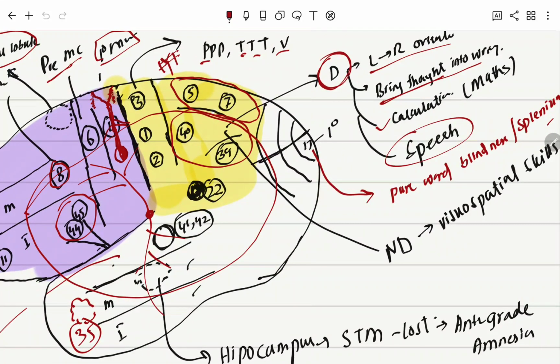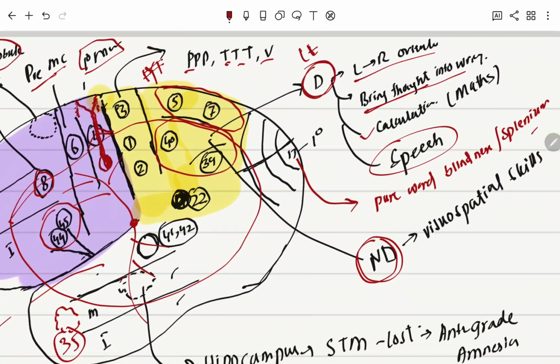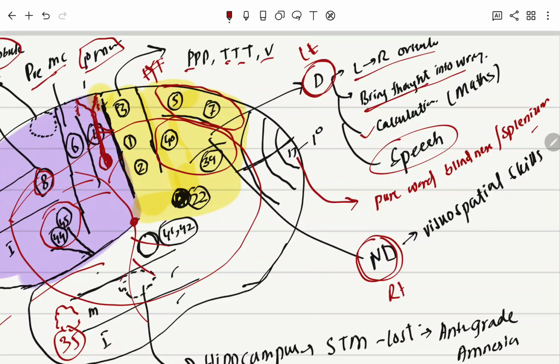So let's talk about the features of the non-dominant parietal lobe. Dominant means, since mostly we are right-handed people, 90% of us, our left side will be dominant. So this is the left side, and non-dominant is the right side, the right hemisphere.